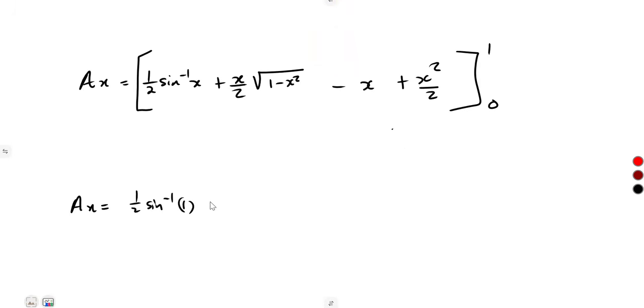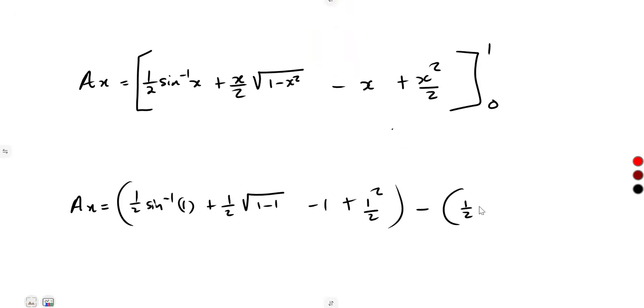So arc sine of 1 plus 1 over 2 the square root of 1 minus 1, which is a 0 here, plus 1 squared over 2. Your calculator in radians. Then 0 there. Any number times 0 is 0. So this one is just going to give us a 0 there.